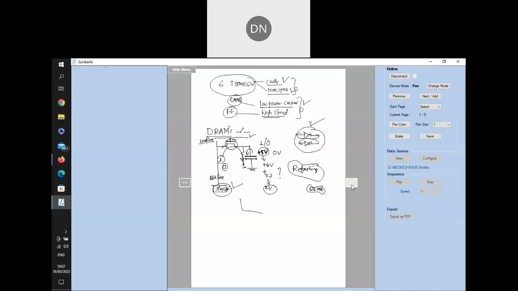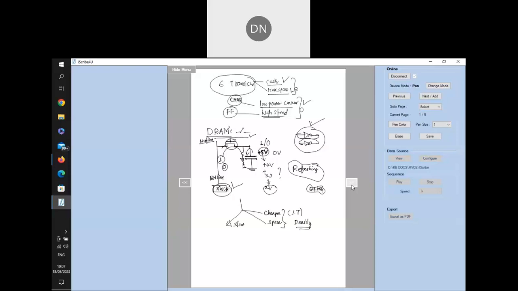But what are the advantages of DRAMs? It is cheaper because only one transistor is good enough to design the circuit. It requires very little space, which means very high density can be achieved in memories. So it is cheaper and smaller. What is the challenge?